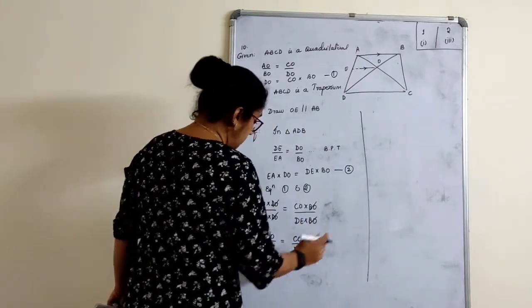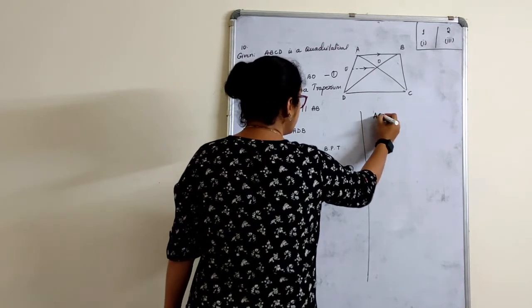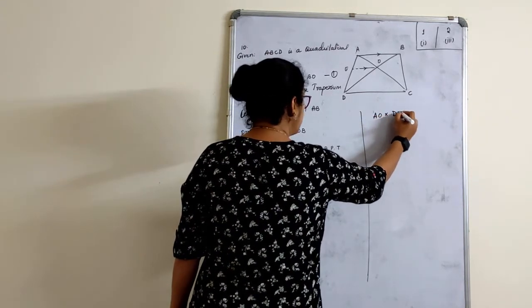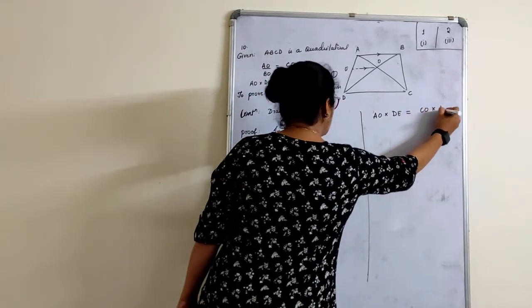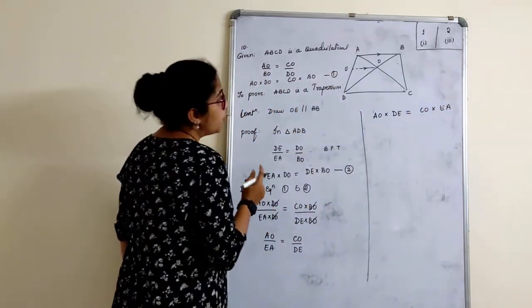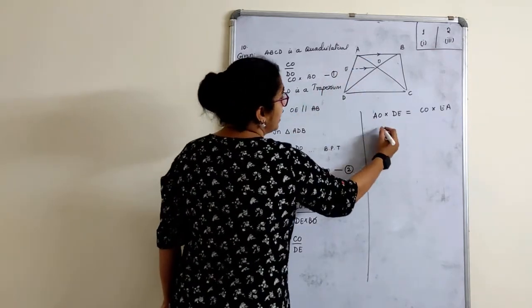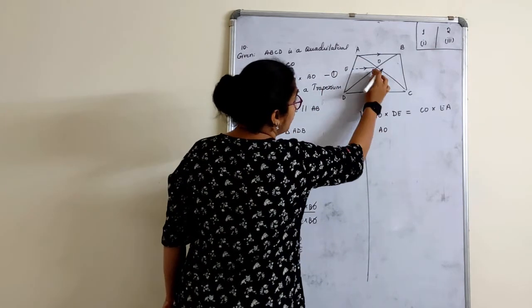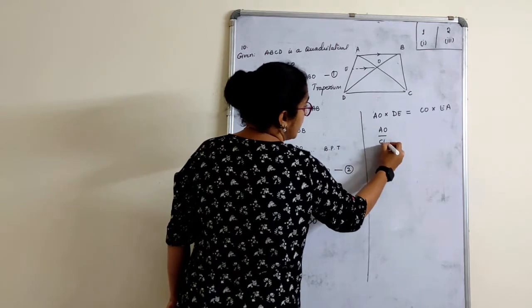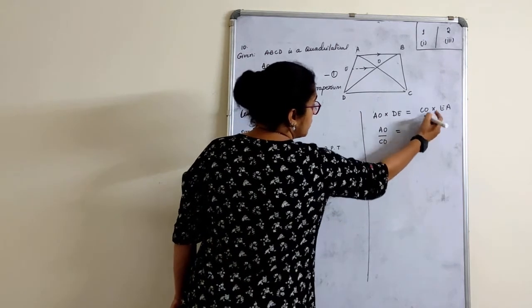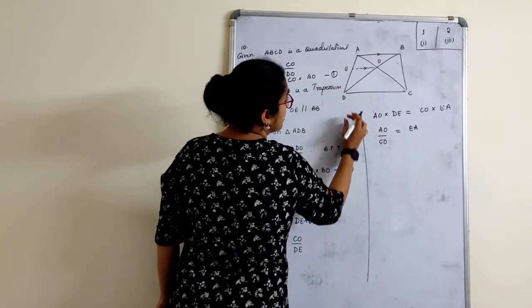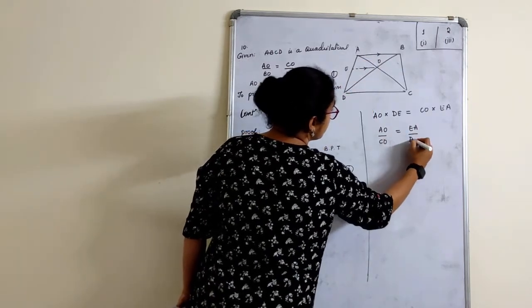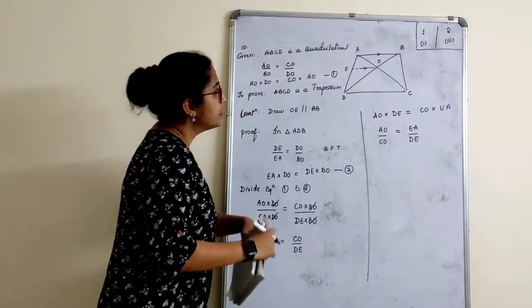So when you cross multiply, what do you get? AO into DE is equal to CO into EA. Now AO is there. Below AO, I'll keep AO as it is. What should come? CO should come. Is equal to EA here only. Below EA, what should come? DE should come. Right?